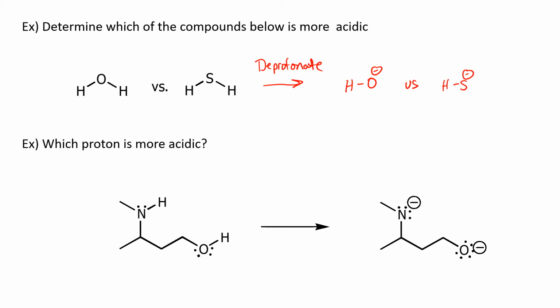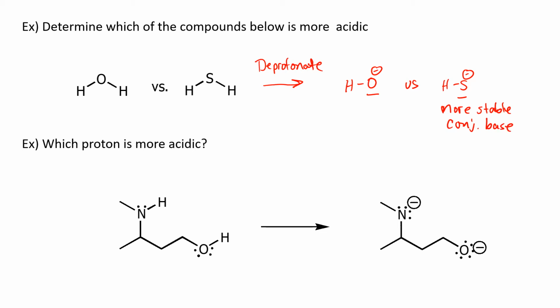All right. Now let's ask, are oxygen and sulfur in the same group or same period? They're in the same group on the periodic table. So if we're dealing with the group trend, whichever one is larger or further down on the group, sulfur is a larger atom, so that makes it a more stable conjugate base.